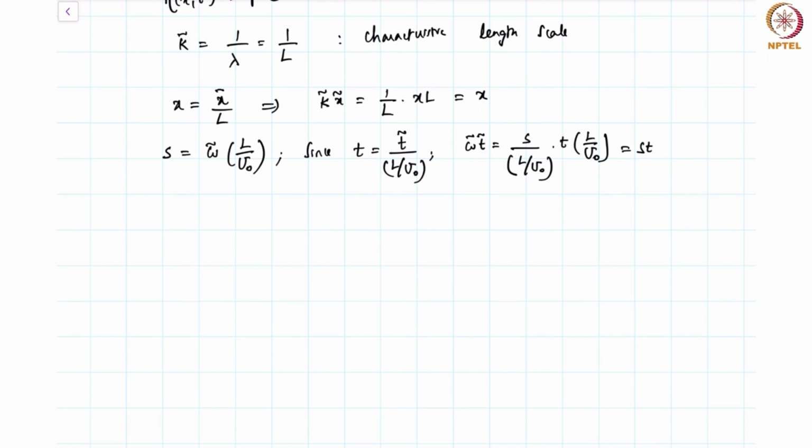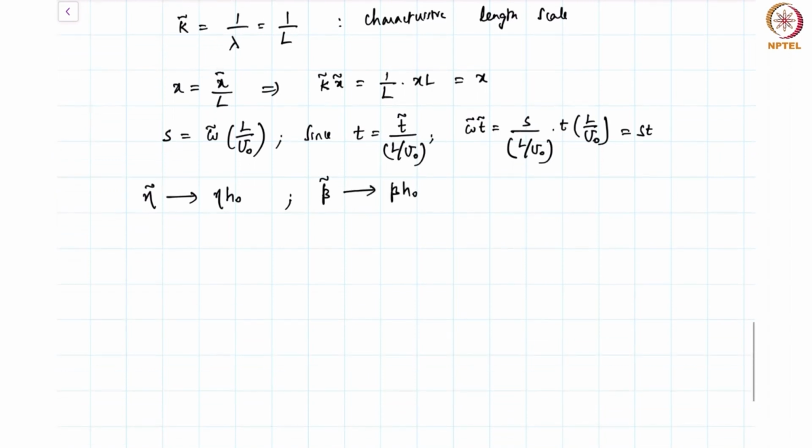So what we have now is, and we also know that eta hat essentially becomes eta times h naught, and the amplitude eta is basically the deviation of the interface from the undisturbed state, and beta hat is the dimensional amplitude of this interface from the flat interface, and beta hat simply is nothing but beta times h naught.